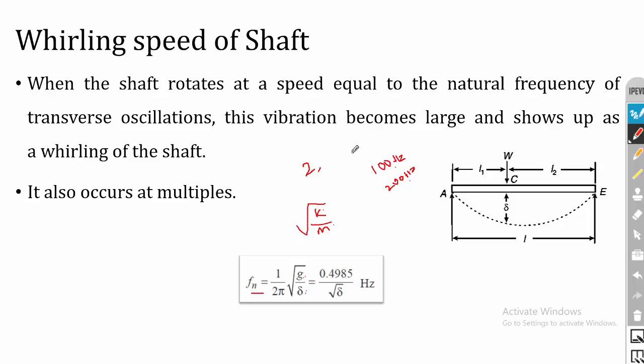For beams, we know how to calculate the deflection, so we can calculate del, substitute it, and calculate the natural frequency. In the case of 2 to 3 loads or deflections, we must use Dunkerley's method for calculating the natural frequency. But the important thing is that the operating frequency of the shaft should not match with the whirling speed of the shaft.